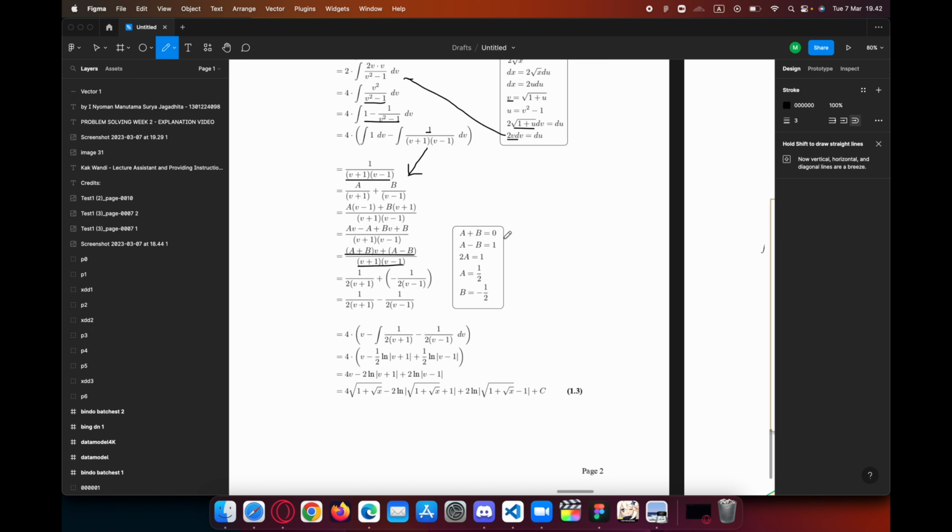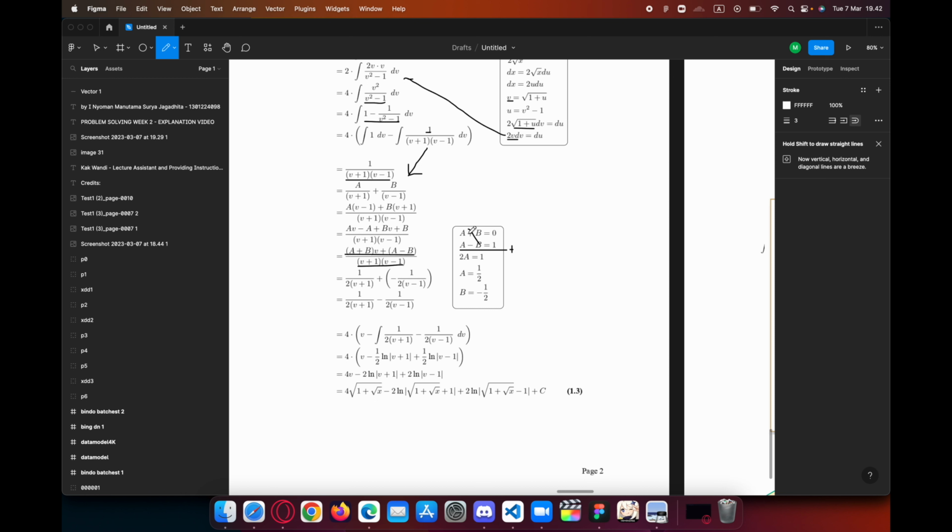Then just do the equations: adding them, a minus b is going to cancel, it becomes a plus a, so 2a is equal to 1. Then a is 1 over 2.